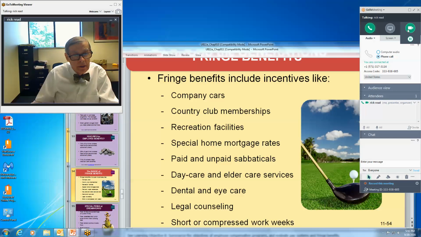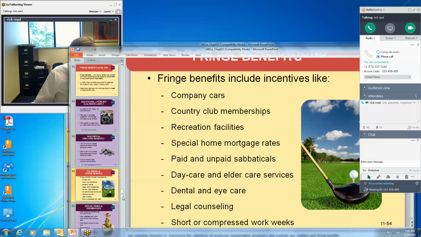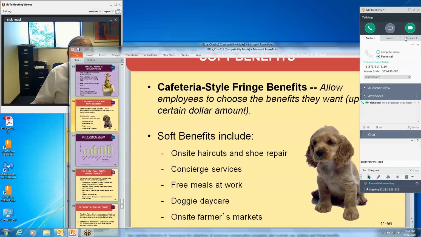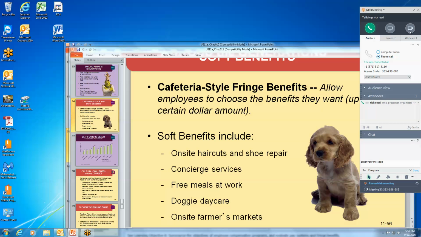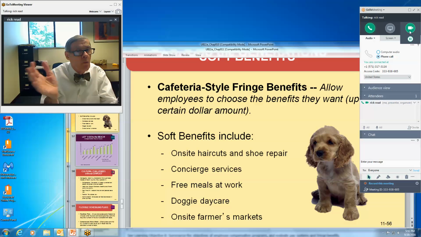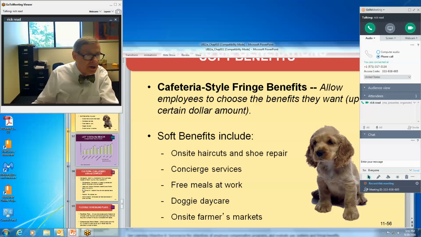We know about company cars and things of that nature. Cafeteria style benefits allow an employee to select benefits they want up to a certain dollar amount. And here are some soft benefits that they include, which you can look at.